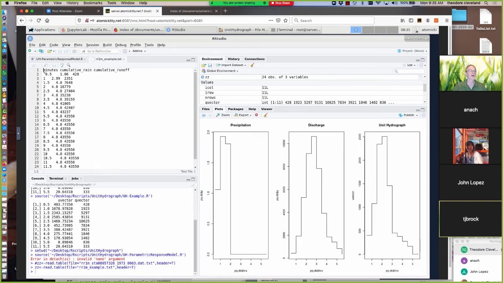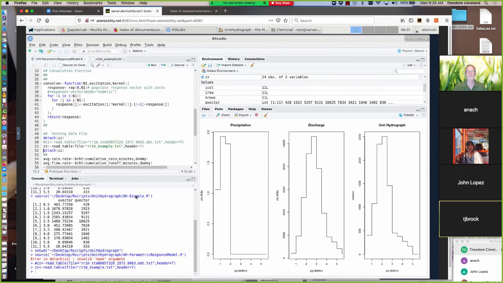So here's the input file. Minutes, cumulative rain, cumulative runoff. And these look like it's the same information as the example problem from Chow, Maidment, and Mays that we've been using.